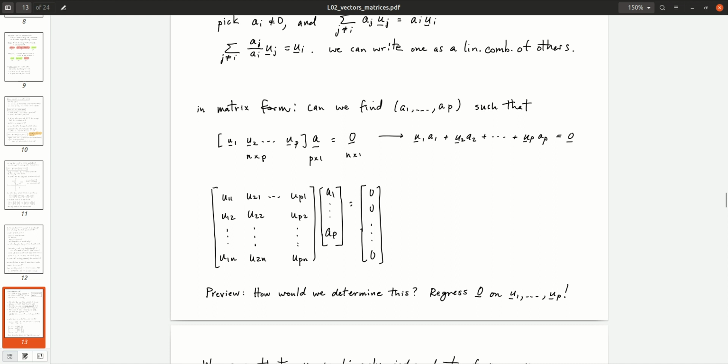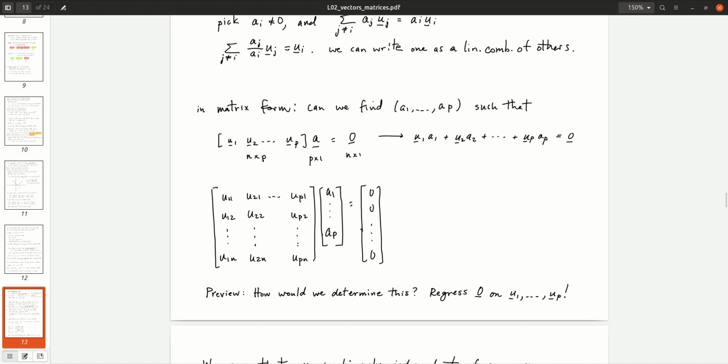So if you view this vector, the zeros, as a y, and these ones as the regression coefficients, and this thing as the x matrix, then you have x times regression coefficients equals 0. A way that you could check to see if the columns of the regression or design matrix are linearly independent or not is to do the regression.